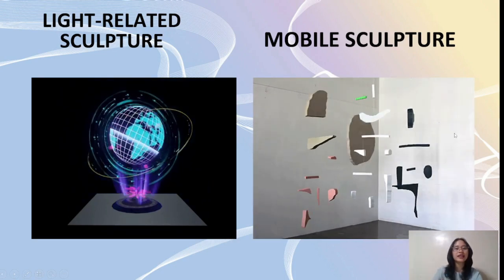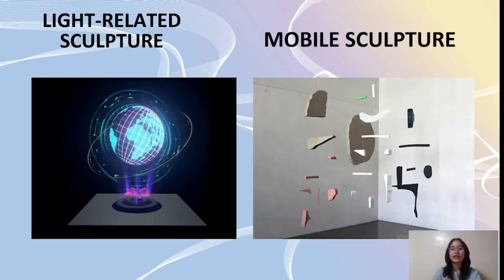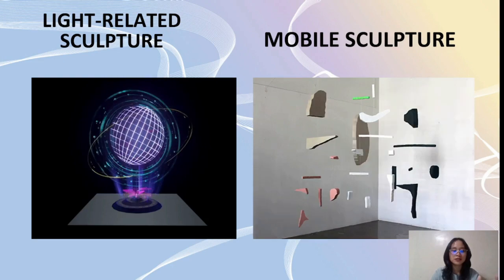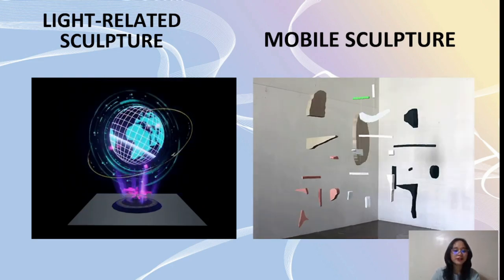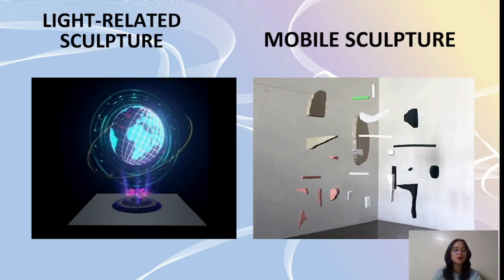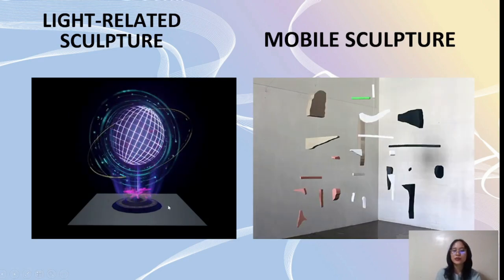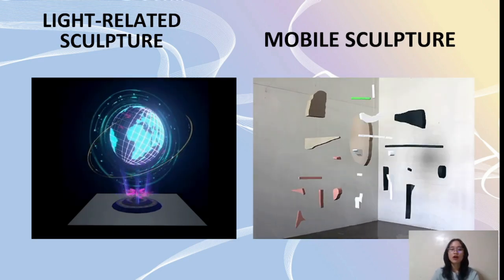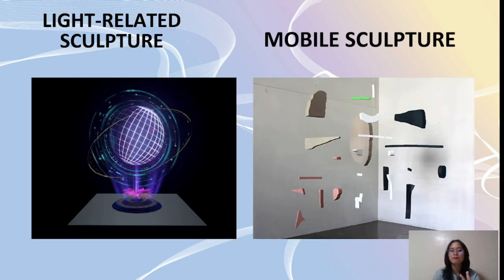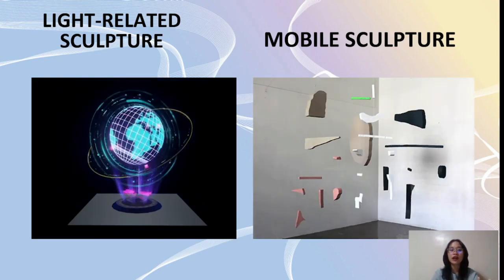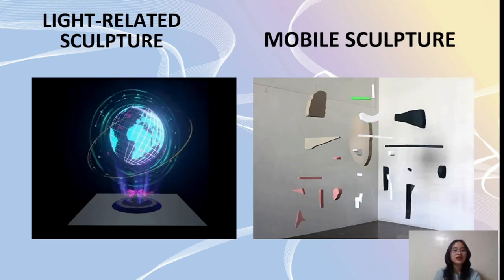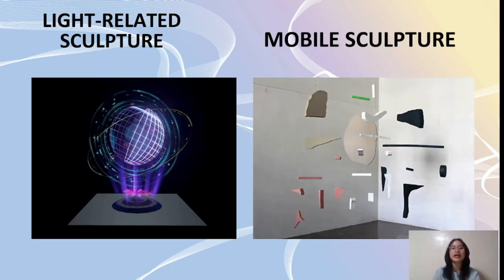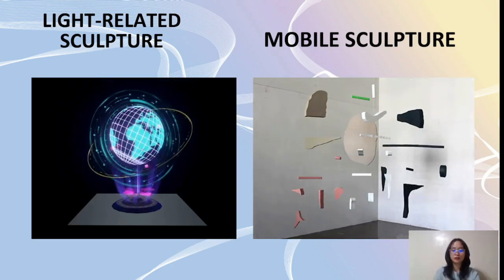So when we say light-related sculpture, it came from the light bulbs, the sun, the laser beams as the primary medium of expression. As we can see, wala na jud siya nagamit og clay, wax, or woods as a medium of carving here, no? Mo ni siya ang technologically advanced sculpture.